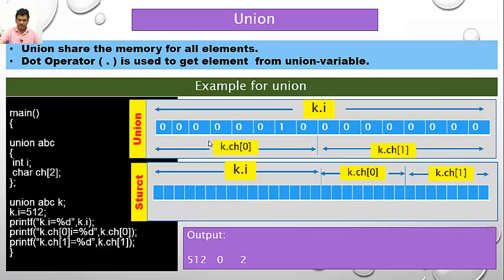The first byte, the 8 bits for k dot ch of 0, accesses the first byte. k dot ch of 1 accesses the second byte. So totally 2 bytes is enough.